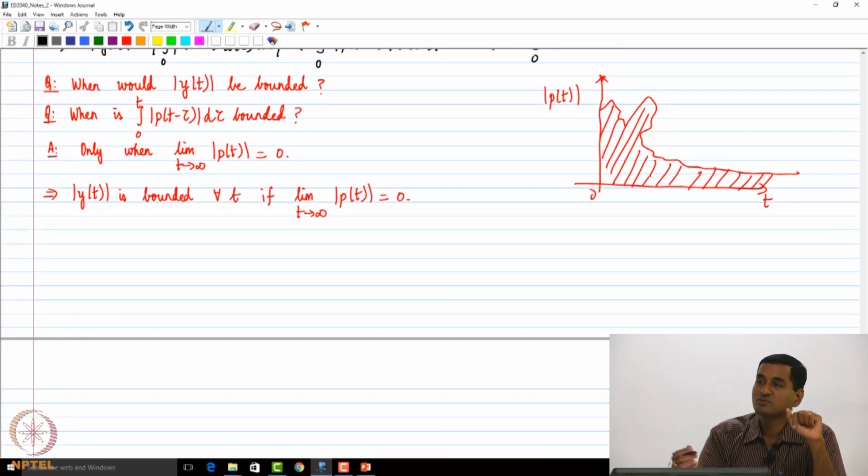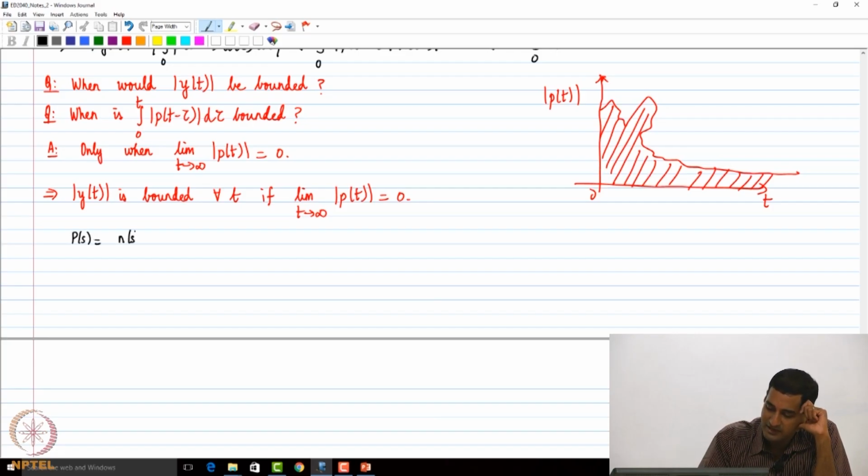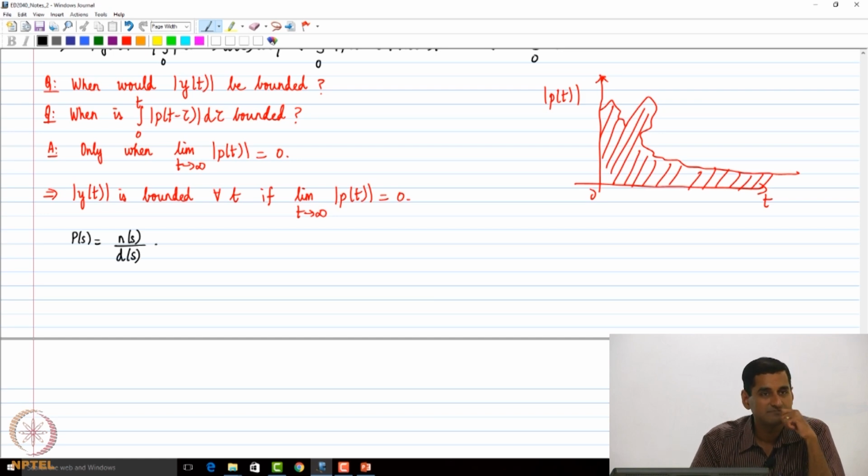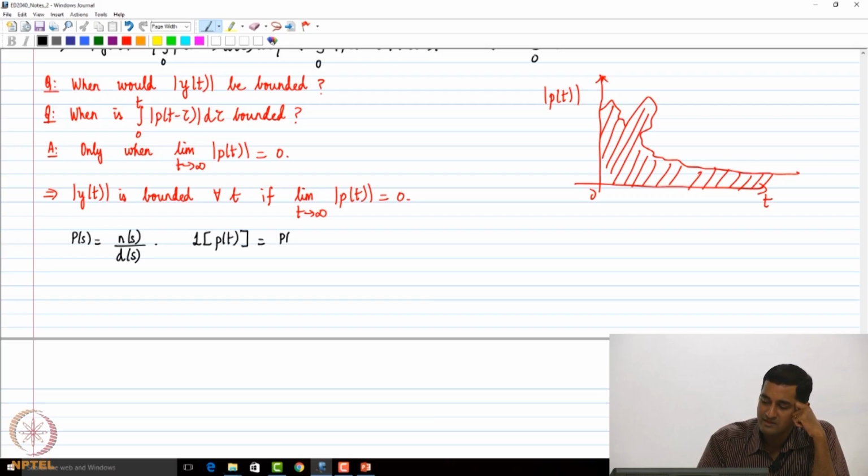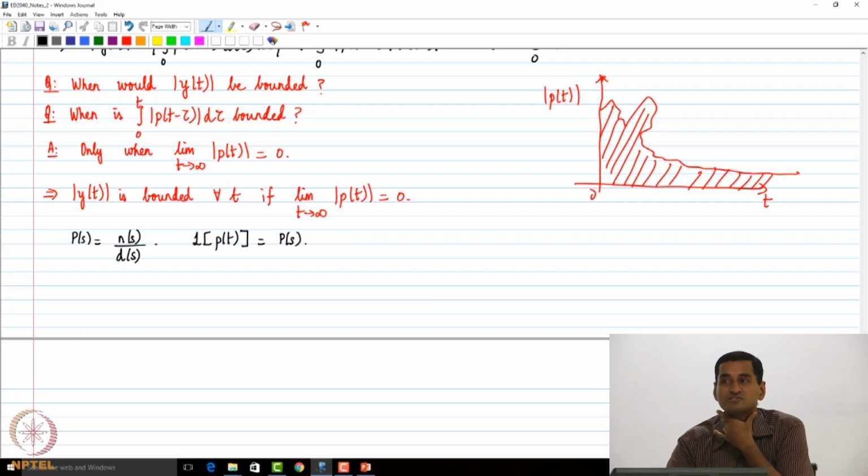Now let's go further. We already know that P of s is equal to N of s divided by D of s, the transfer function, and the Laplace transform of p of t is equal to P of s. This is also something which we know.